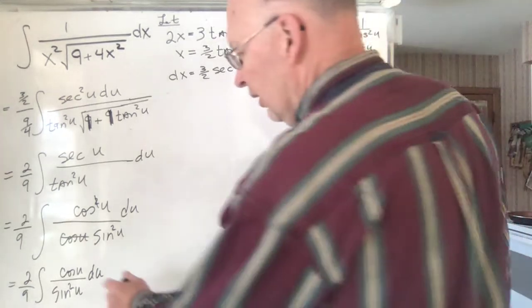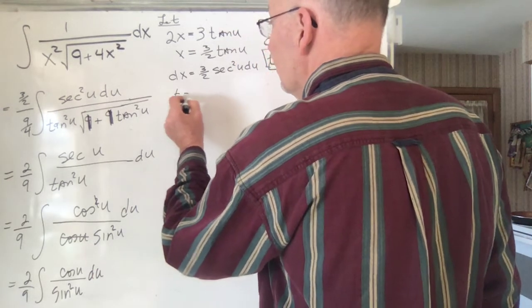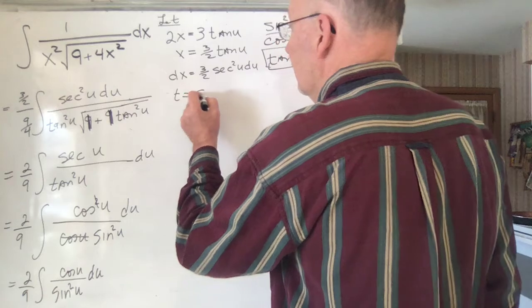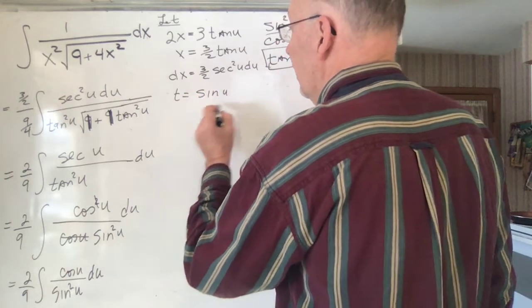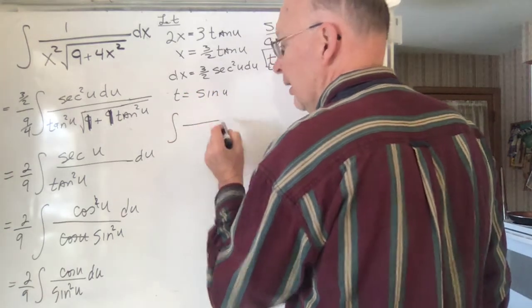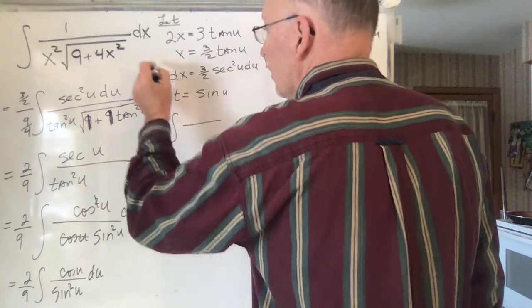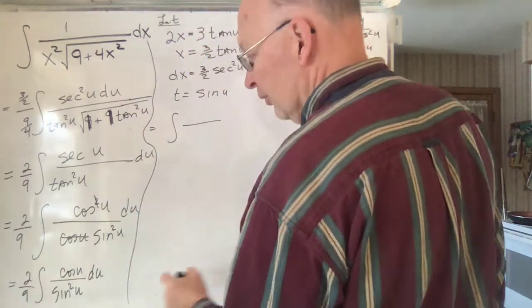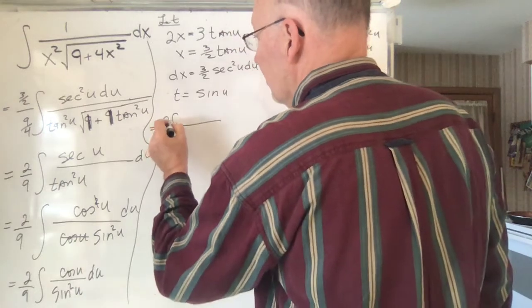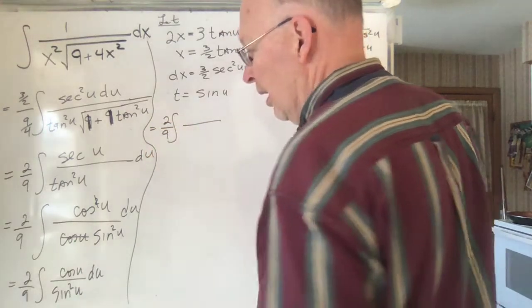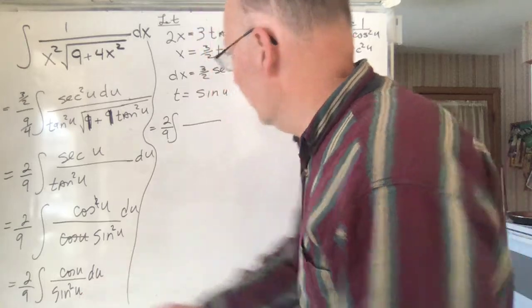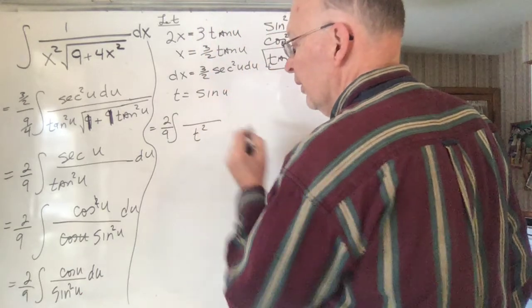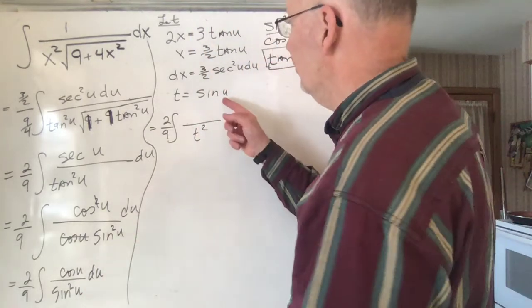Now I can let t be equal to sine of u. And what do I get? It's equal to 2/9, and it's going to be 1 over t squared, so t squared down there, cosine of u du.